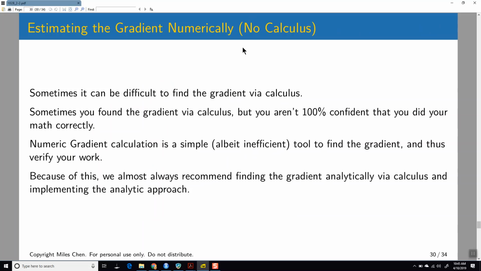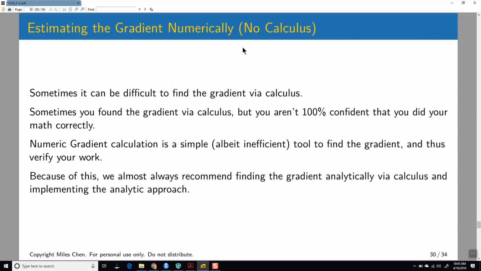You're going to have to figure out the gradient using calculus. However, sometimes you go through the calculus and you're not sure if your answer is correct, especially as the problems get more complicated. You might begin to lose confidence in your calculation of the gradient analytically.